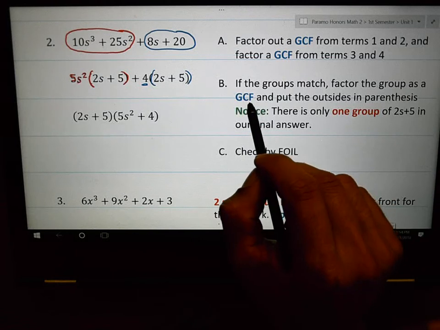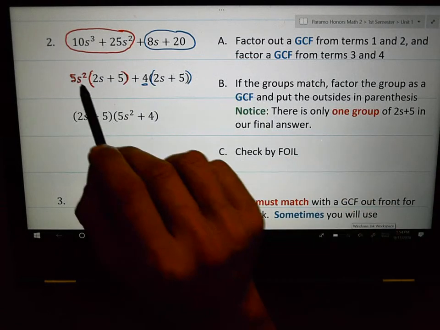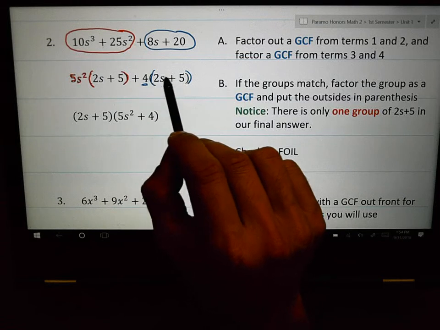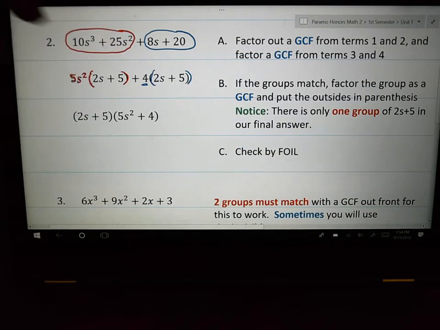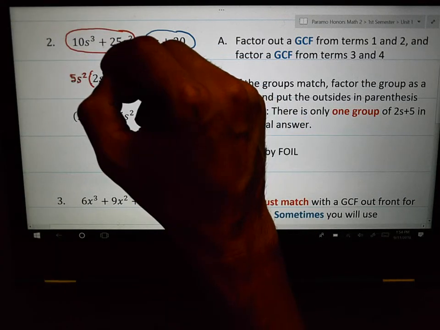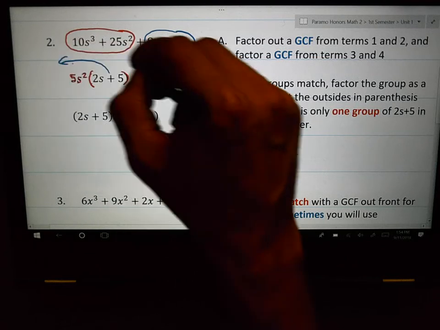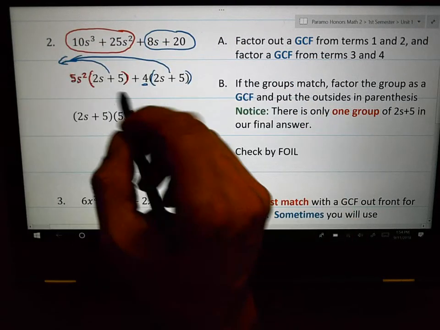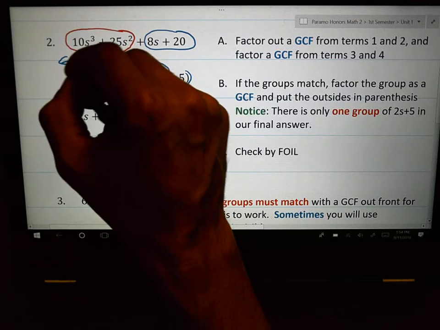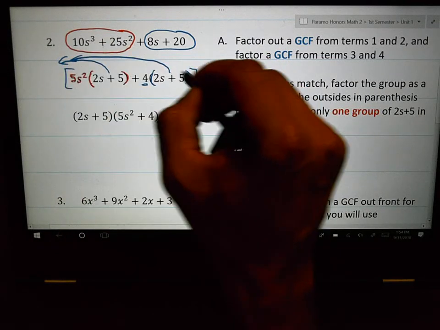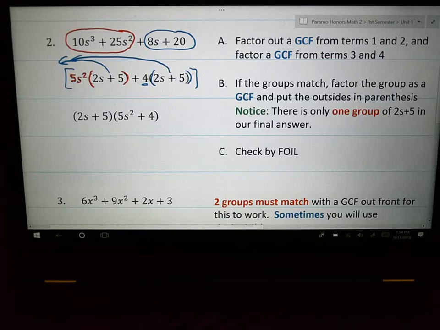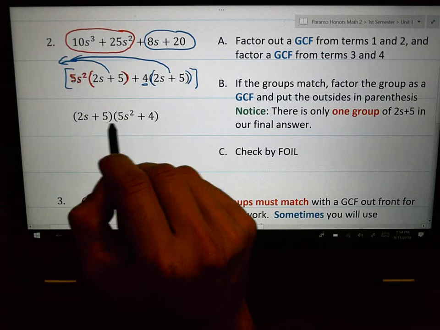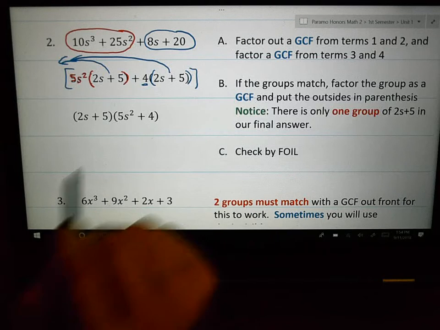Factor the group as a GCF, meaning since they're both multiplying a 2s plus 5, let's factor out a 2s plus 5 from this group and from this group and put it out here, pretending that there's parentheses like this. We're going to put it outside. What would be left behind? It would look like this. 2s plus 5 times 5s squared plus 4.